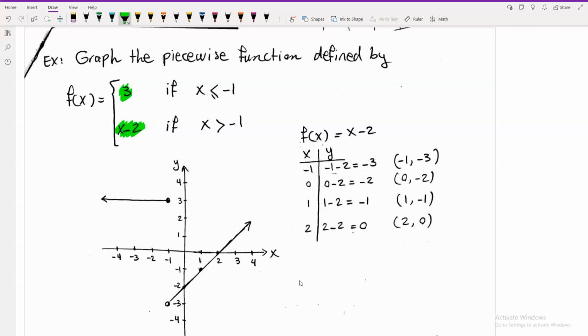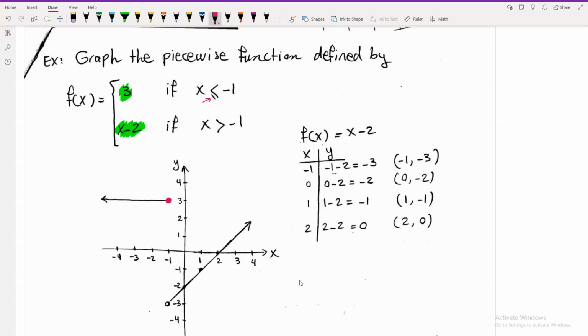So for all x values, so when x is less than or equal to -1, -1 is here, and less than is this part. What we have for y value is +3. Because of having this equal sign, we're going to have a closed circle.